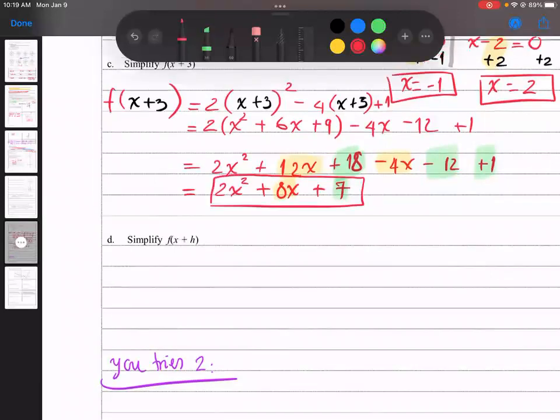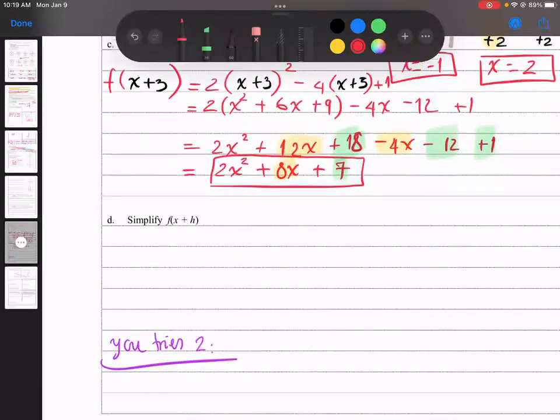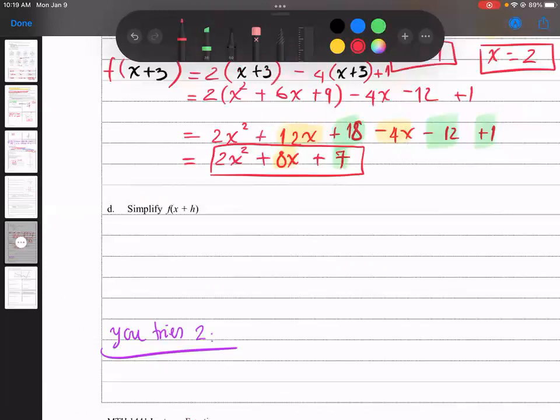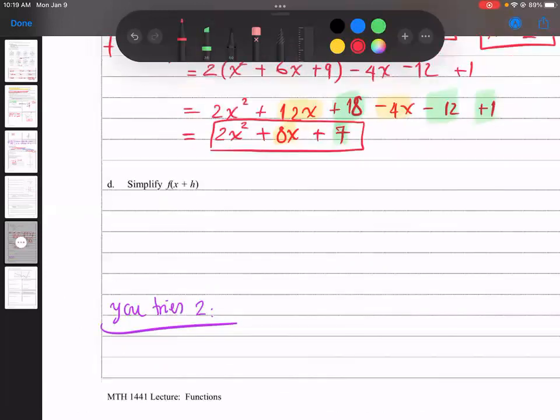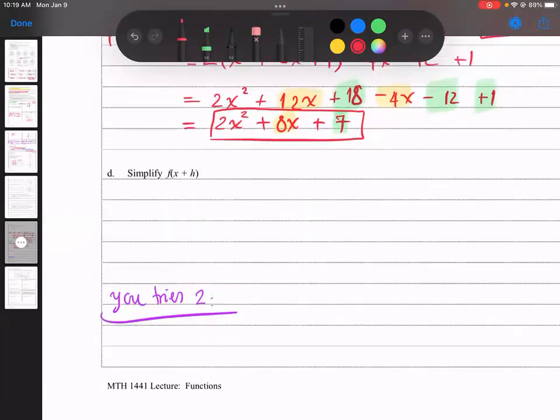Why don't you try D? Just try D, okay? And then we have you try 2. Do you have D on your thing?